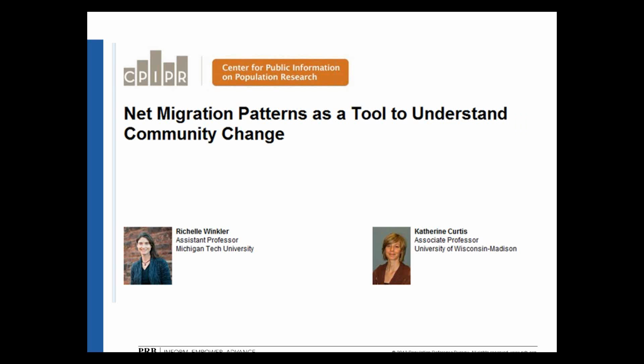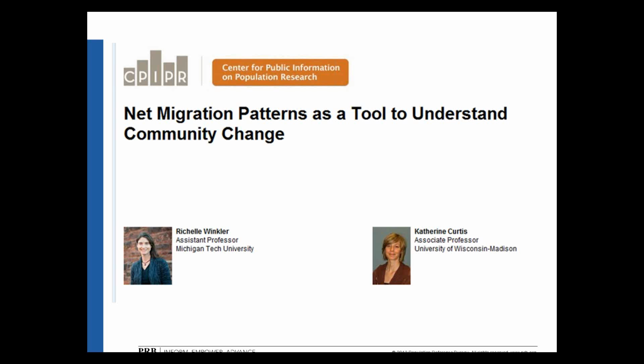So at this point, I'm going to introduce today's speakers. We have with us today Rochelle Winkler, who's Assistant Professor of Sociology and Demography at Michigan Tech University, and Catherine Curtis, who's Associate Professor of Community and Environmental Sociology at the University of Wisconsin-Madison.